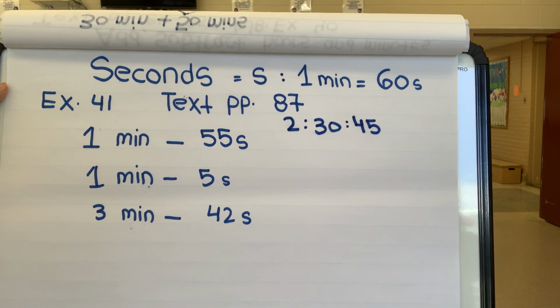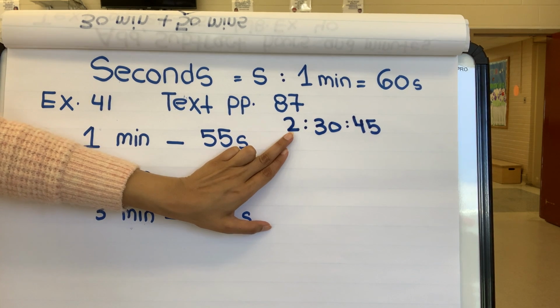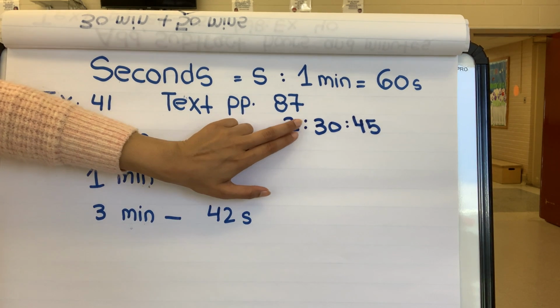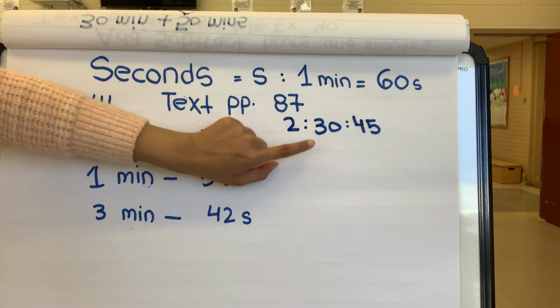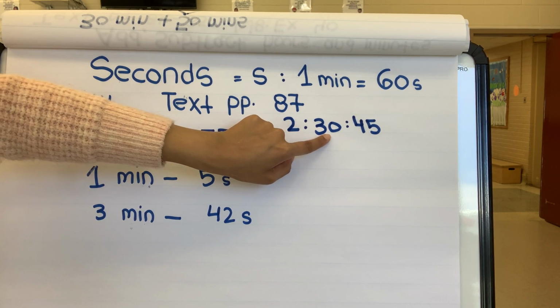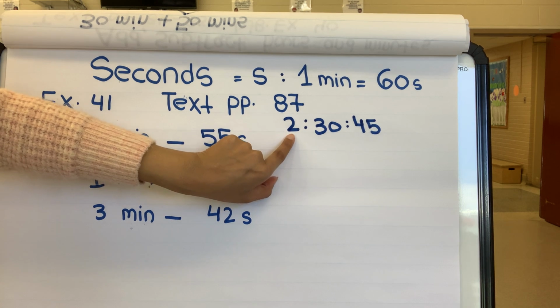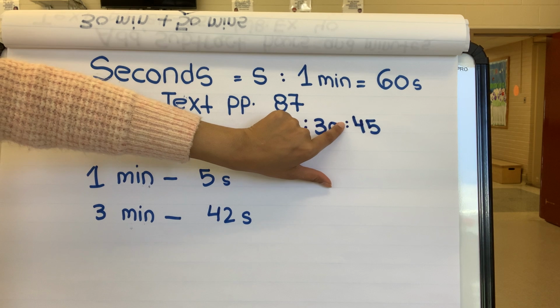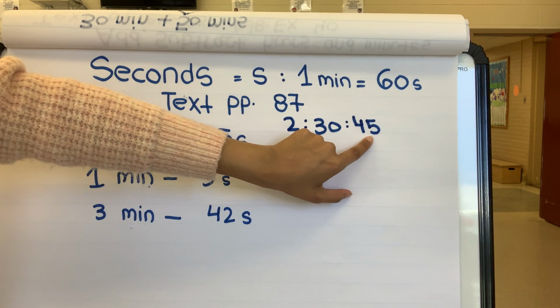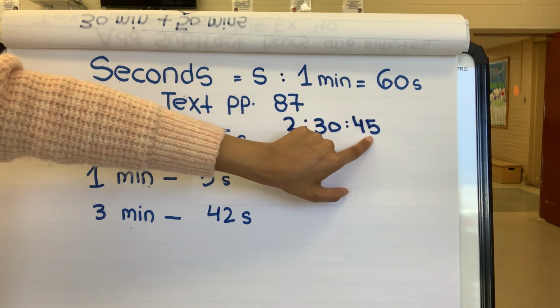Okay, so I just wrote my time in hours. Then I use a colon, and I wrote my minutes. So I have 2 hours, 30 minutes. Then I use another colon, and that tells me my seconds. Okay, does that make sense?